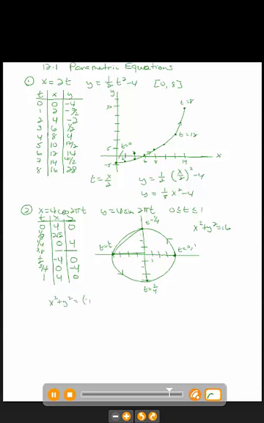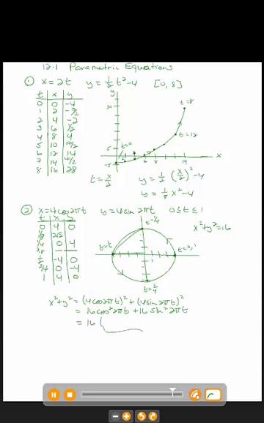It would be 4 cosine of 2 pi t squared plus 4 sine of 2 pi t squared, which turns into 16 cosine squared of 2 pi t plus 16 sine squared of 2 pi t.